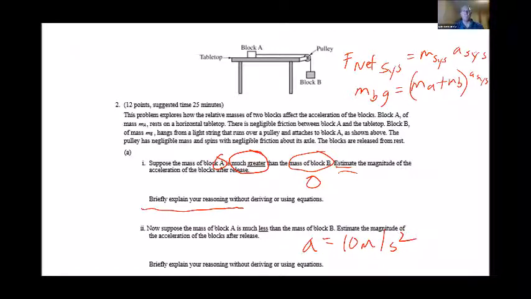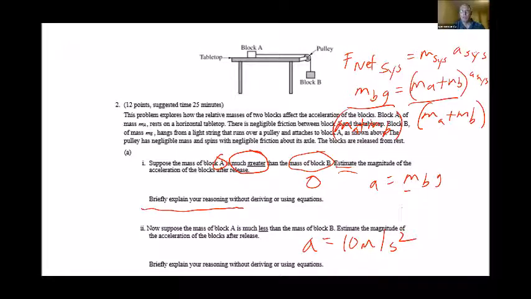So to solve for acceleration, I just need to divide by the stuff in parentheses. So my acceleration is equal to MBG over MA plus MB.